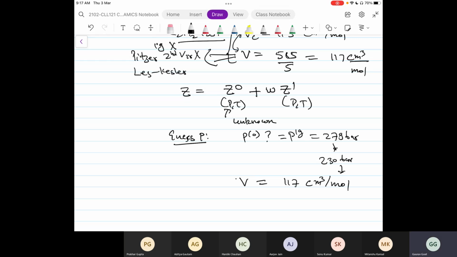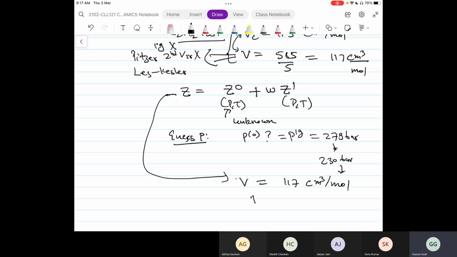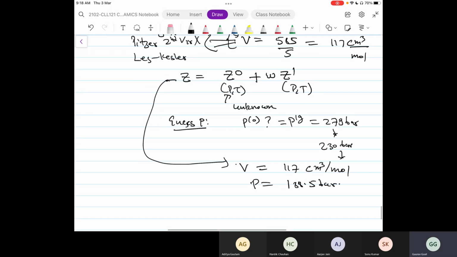So that is the iteration I am going to use so that this particular equation converges to this particular value of 117, and the pressure at which it converges is the answer. So that is how I found the pressure in this case, 188.5 bar.